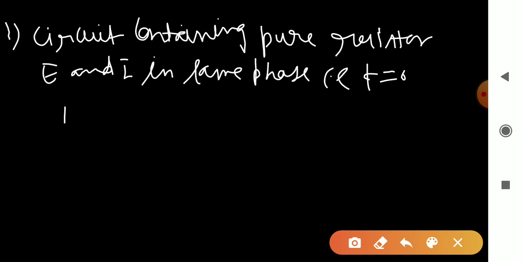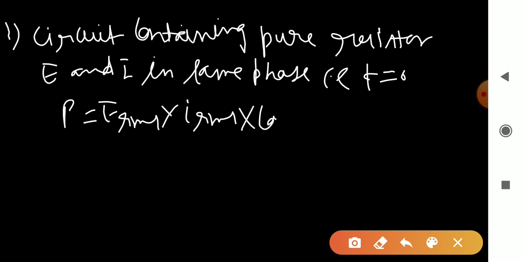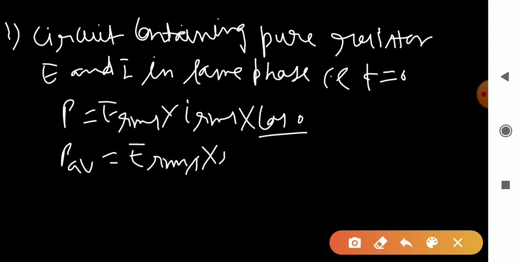So in this circuit average power is E RMS into I RMS cos 0, and we know that cos 0 is 1. So average power in a circuit containing pure resistor only is E RMS into I RMS.